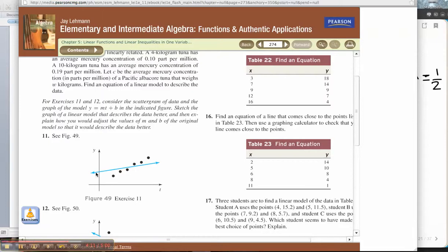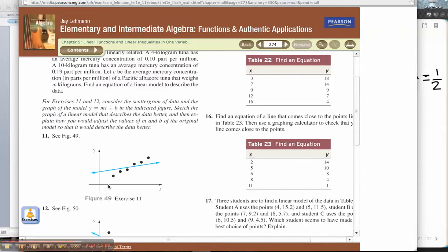So you see, this doesn't really go along these points very well. So what I would do is I would try to draw a line through this way, right? So that it would hit more of the points and be very close to a lot more of them. And in order to do that, we would be making the slope steeper, right?